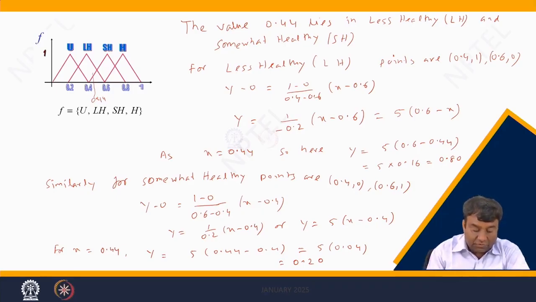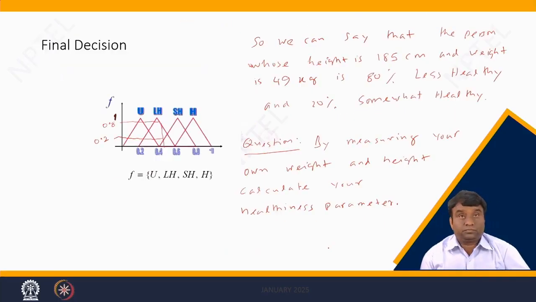For x equal to 0.44, y is equal to 5 into 0.44 minus 0.4, that is 5 into 0.04, or 0.20. So we can say that the person whose height is 185 centimeters and weight is 49 kg is 80% less healthy and 20% somewhat healthy. The question is that by measuring your own height and weight, calculate your healthiness parameter.